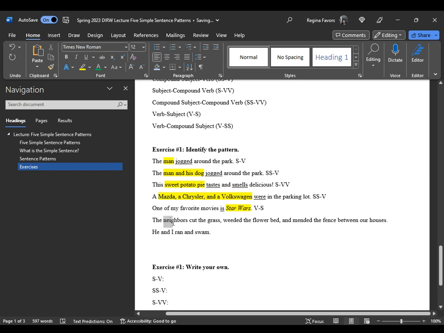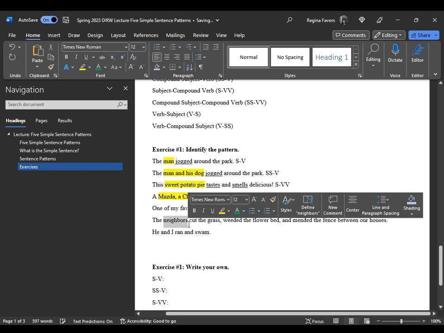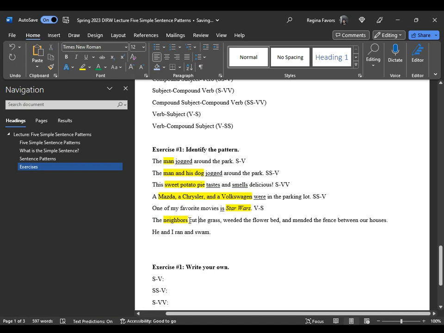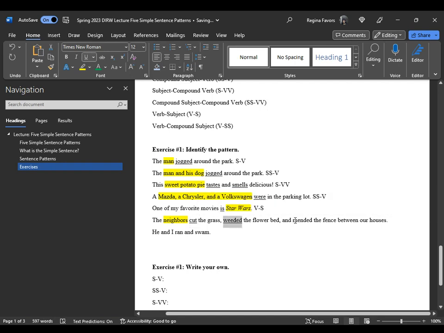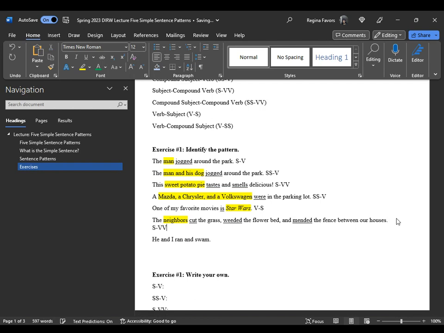So the neighbors, plural subject, but it's not compound, it's singular in terms of this sentence. And then cut, weeded, and mended. Okay? So that's subject, compound verb.